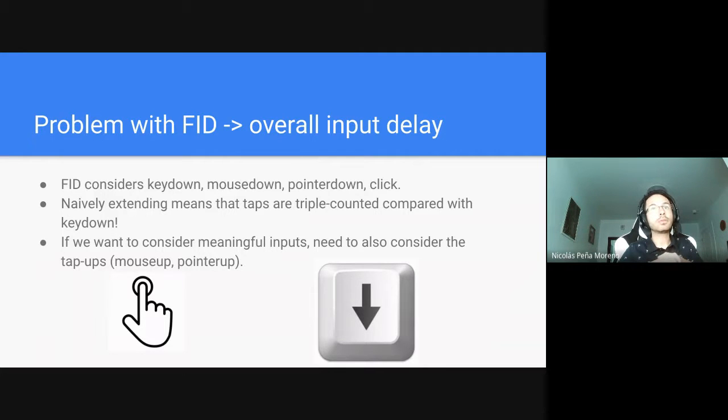One thing to explore with the responsiveness brainstorm is what is a good way to aggregate inputs across the page in a way that makes sense. For example, we can consider tap ups, which will be mouse up, pointer up, and click events in a single user interaction. Then we can define a metric that is based on that user interaction.